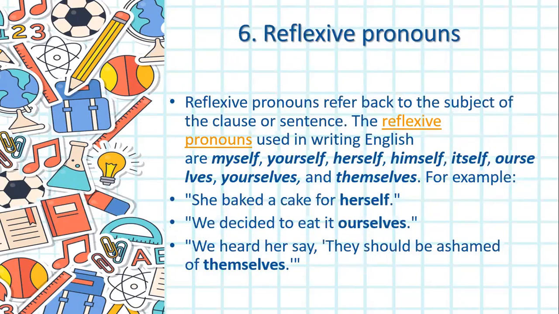So reflexive pronouns, this is also a commonly used one. They refer back to the subject, to the clause or sentence. So they're closely connected with the subject. The reflexive pronouns used in writing English are myself, yourself, herself, himself, itself, ourselves, yourselves, themselves.